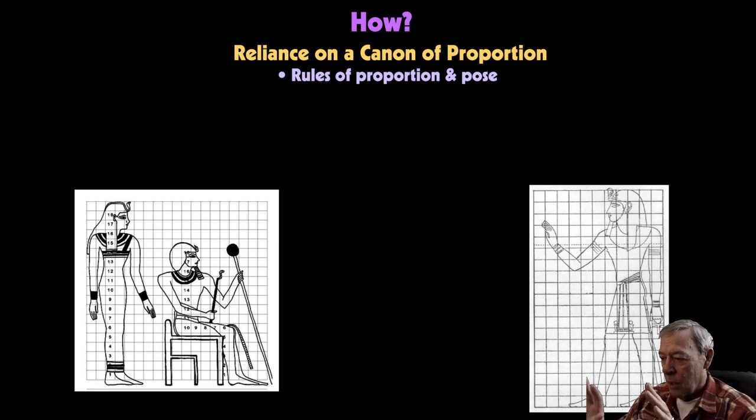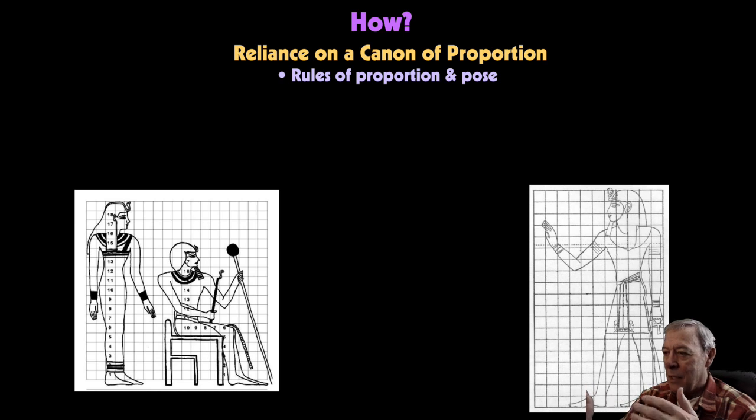So when the Egyptian artist had to paint a pharaoh or a god seated on a throne, he goes to his little style book, leafs through it until he finds the page on how to do someone seated on a throne. It involves this many grids tall, this many grids wide, and so on. That's the way they would maintain their consistency.